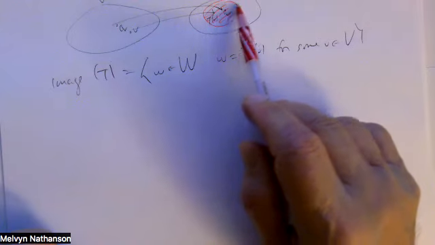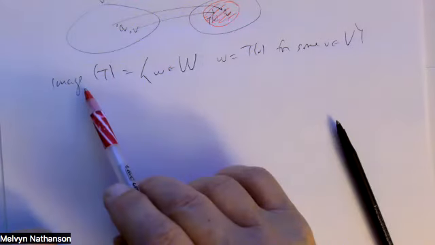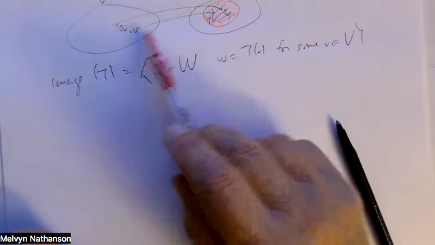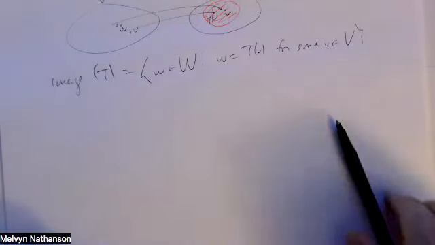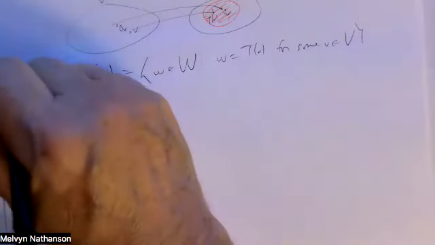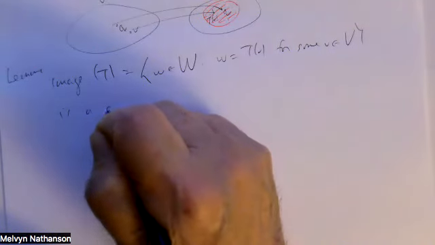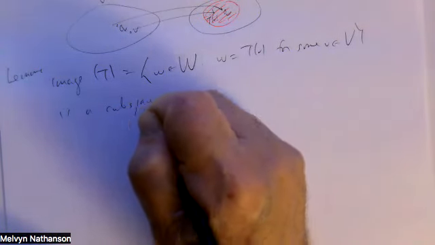Something is in this red area of W, which is what I call the image of T, if there's a vector V such that T of V is in this red area. That's the image. And our lemma says that the image of T is a subspace of W.